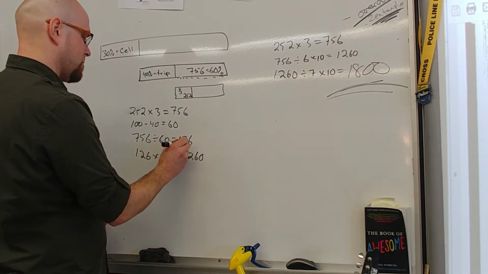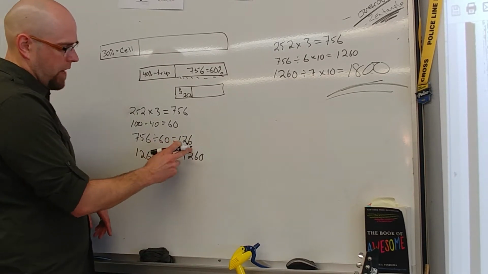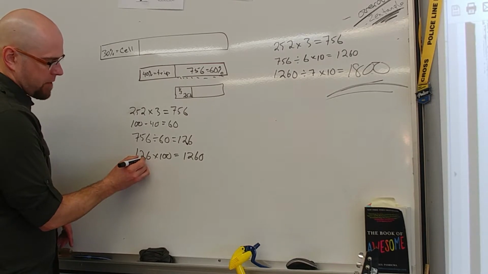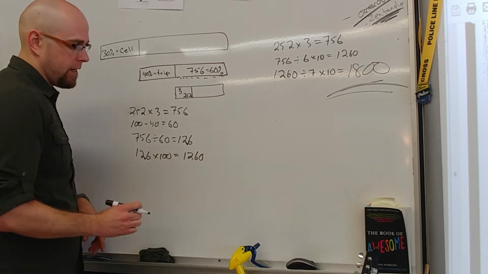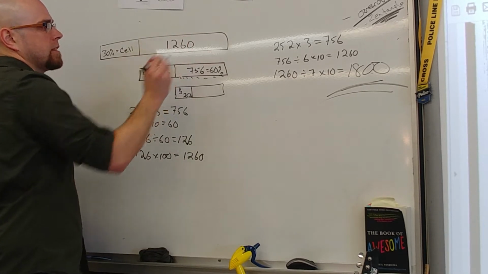Oh, sorry, this was supposed to be a decimal right there. That was where I made my mistake. If I know that 12.6 is 1%, then 12.6 times 100 equals 1,260. So that means this is 1,260.